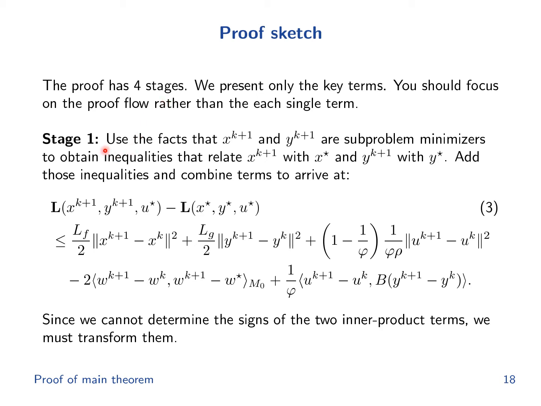The proof begins with the fact that xk plus 1 and yk plus 1 are subproblem minimizers. Using the optimality conditions of subproblem minimizers, we can write out 2 inequalities, one that relates xk plus 1 to x star, and the other relates yk plus 1 to y star.